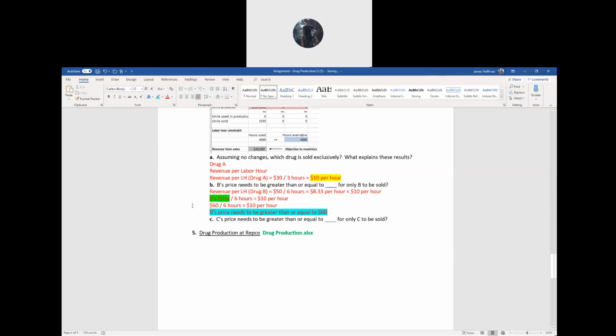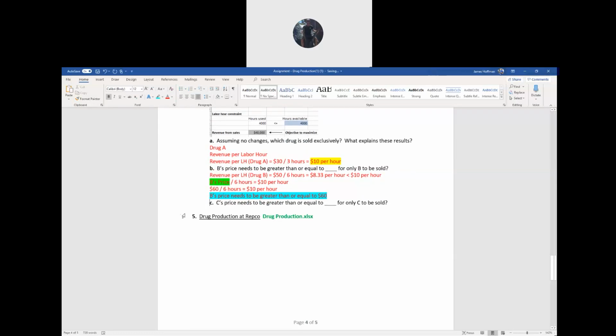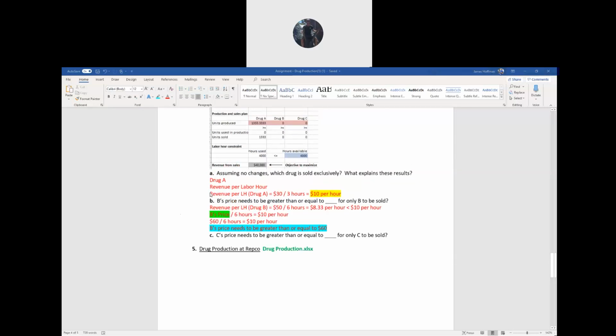So B's price needs to be greater than or equal to 60 for it to be $10 per hour or more. So let's do the final part for drug C. Let's find the current revenue per labor hour for drug C.